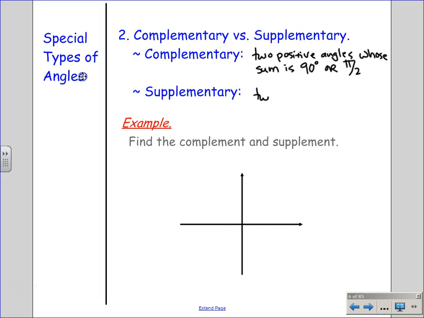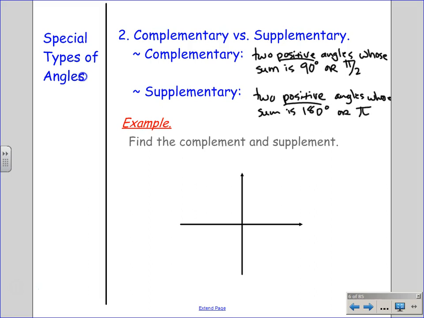And then angles. Careful. If I were you, I would underline the word positive, because if you have to go negative to make it work, it's illegal, and there is none. There are some angles that don't have complements or supplements. Positive angles whose sum, as Matthew said, is 180, or how much of a calzone is 180?